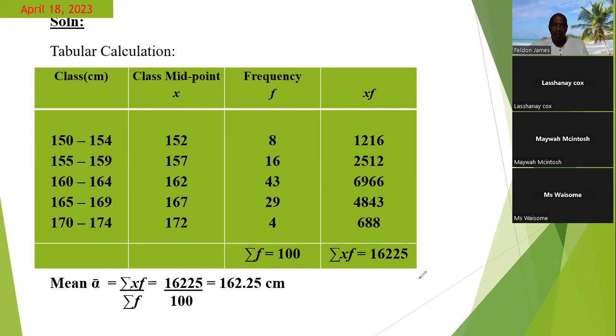Then you divide the sum of XF by the sum of F, so that is 16,225 divided by 100. Your mean would be 162.25. Everybody should at least know the procedure of how to calculate your mean using a grouped distribution table.